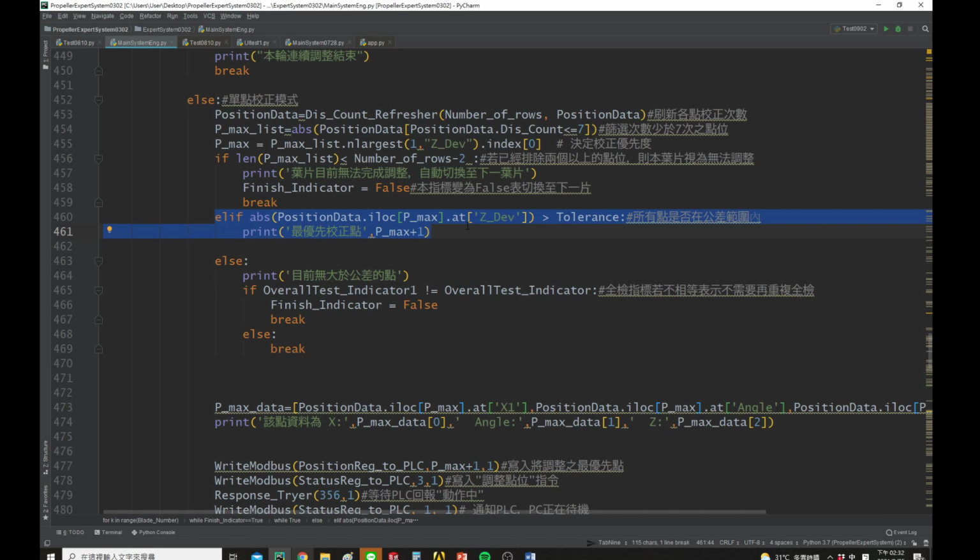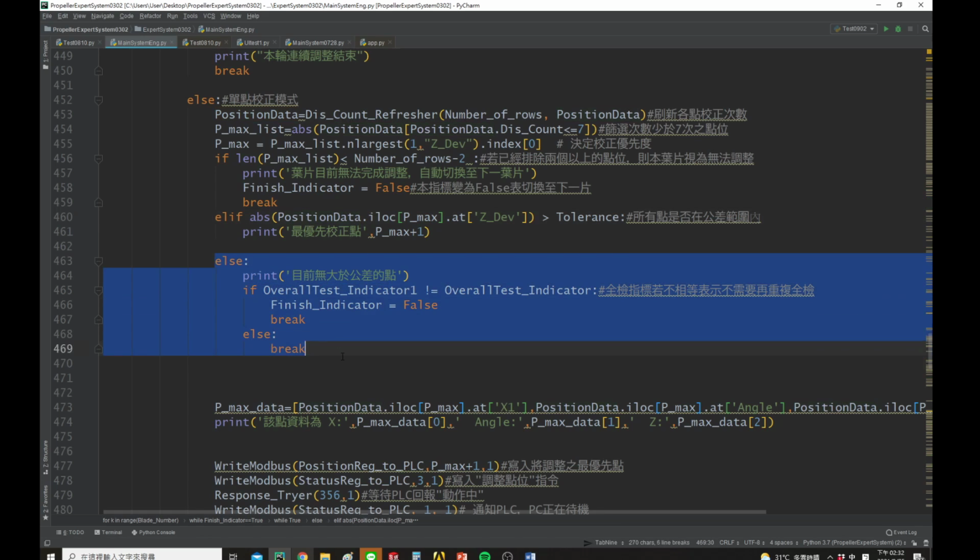Tuning, yes. So here is the discrimination: if there's any point over 0.2. The else is that there's no point over 0.2.